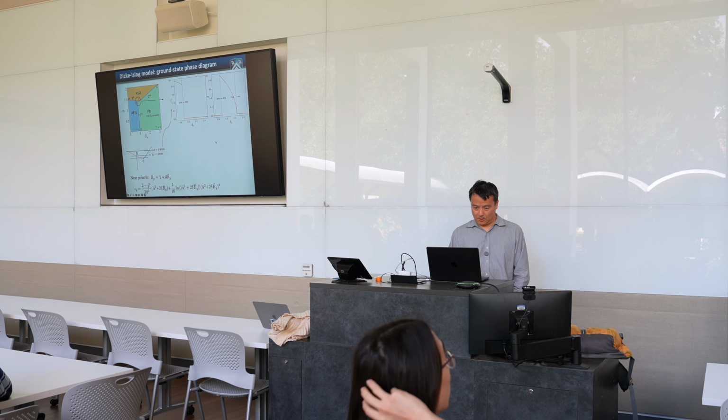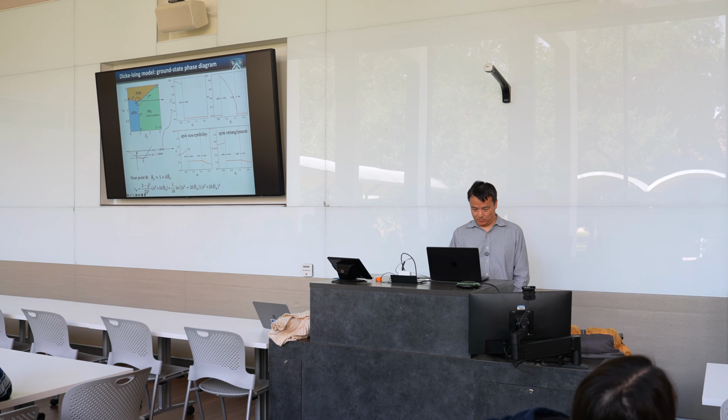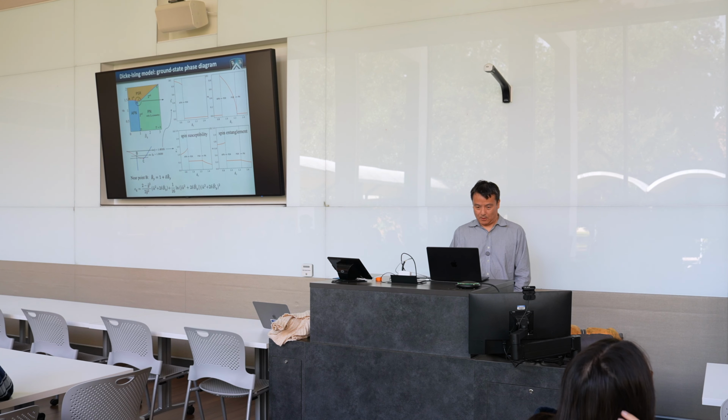You can also calculate spin susceptibility and spin entanglement. They have discontinuous jumps across this dashed line, but nothing blows up. It's a first order phase transition; it's not critical. However, if we cross this B point, the Ising order parameter has a second order phase transition.